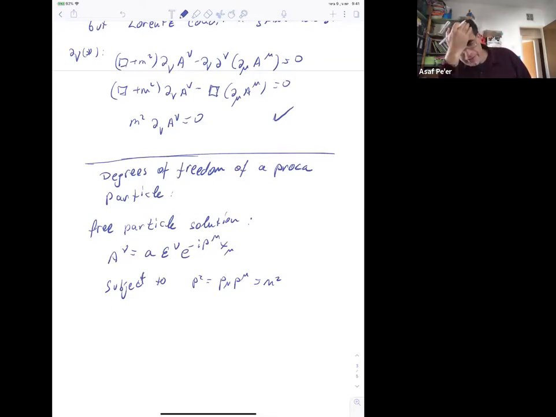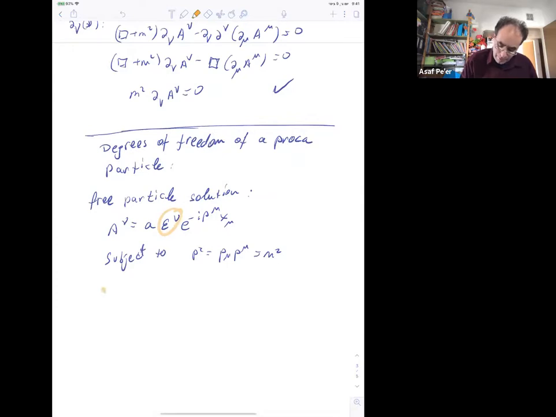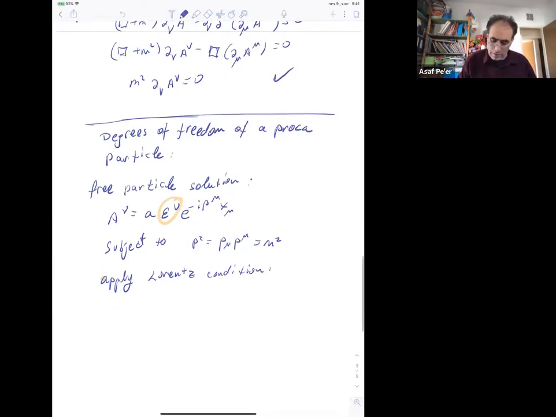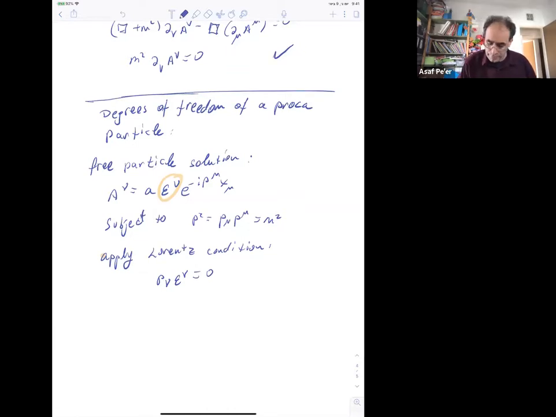So at first sight, it looks like there are 4 degrees of freedom, because epsilon^nu can take 4 values. But we have the Lorentz condition, which we just saw holds. So we apply the Lorentz condition. Taking the Fourier transform, we end up with p_nu epsilon^nu equal to 0, which of course reduces the number of degrees of freedom to only 3.